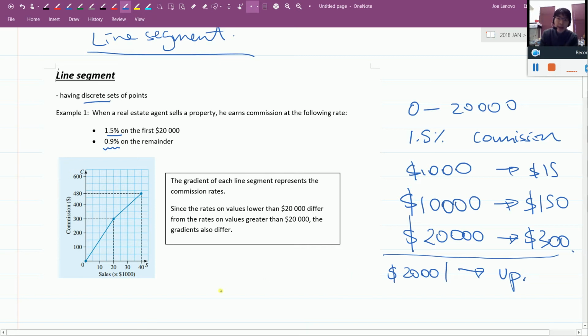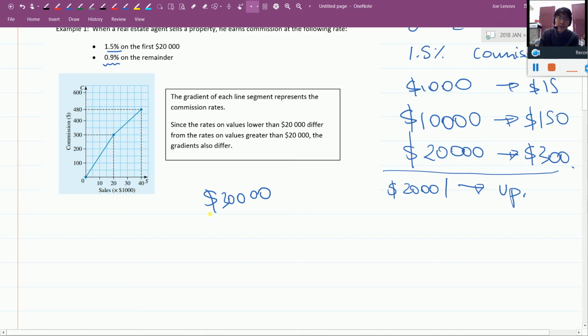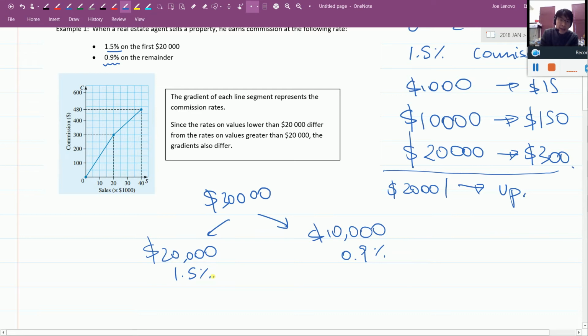If you have a total sale of $30,000, you break it down into two sections. The first $20,000 earns 1.5% commission, and the other $10,000 earns 0.9% commission.